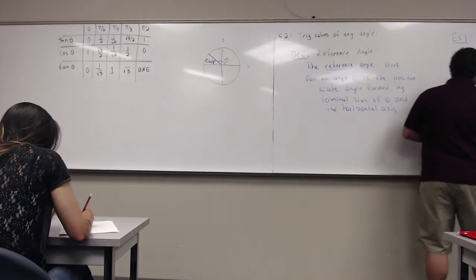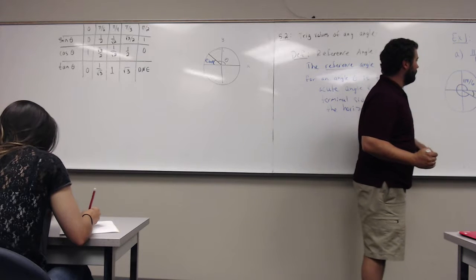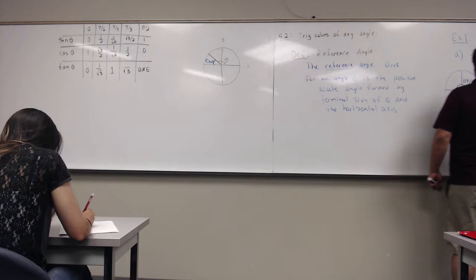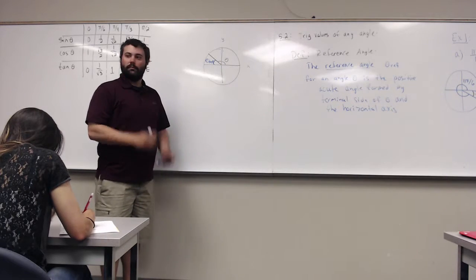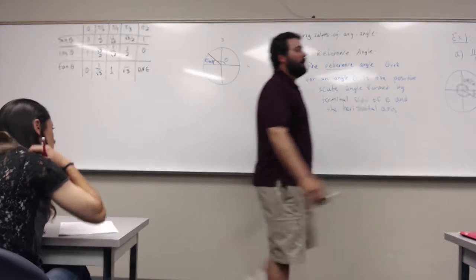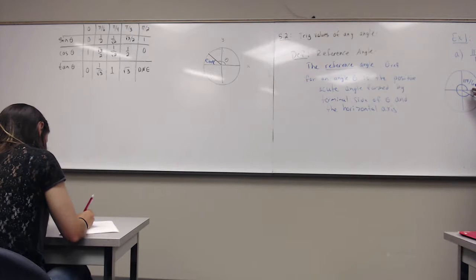And then this angle here formed by the terminal side and the horizontal axis is what I'm calling theta ref, the reference angle. Would that be pi over 6? Okay, and Kirsten, you said pi over 6.